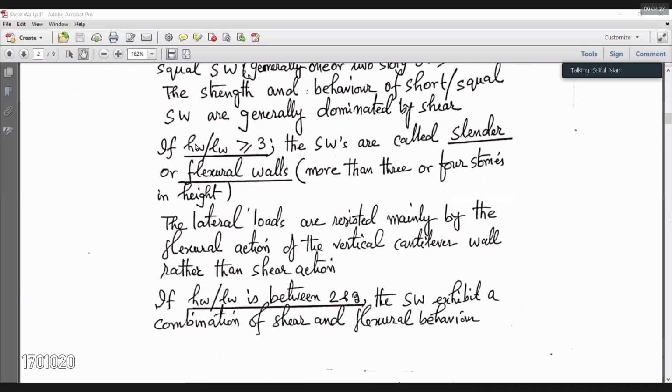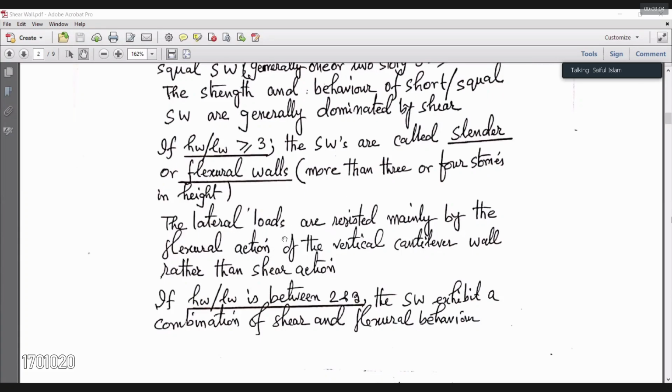Similarly, if your HW by LW is greater than or equal to 3, these shear walls are called slender shear walls or flexural walls. In practical cases, they are more than 4 stories in height. The lateral loads are resisted mainly by the flexural action of the vertical cantilever wall rather than by shear action, so flexural resistance is predominant.